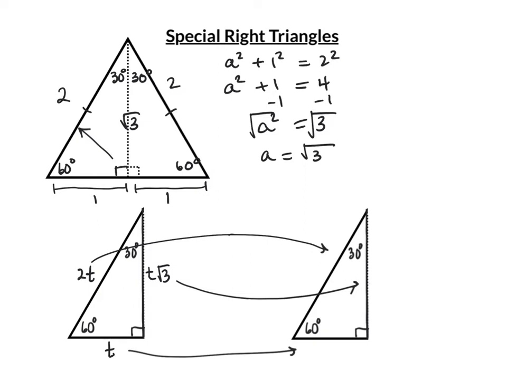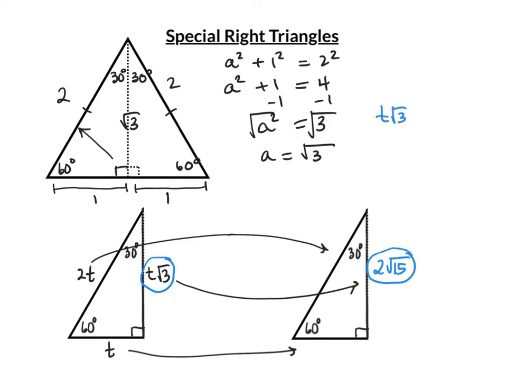All I need to do then is set up an equation and find that multiplier, the t, that makes each side. If, for example, between the 90 and the 30, there was a 2 root 15, I would then take the corresponding sides and make an equation.